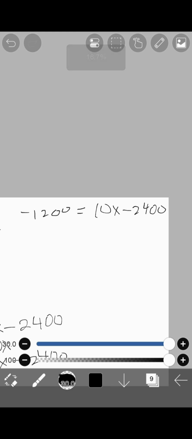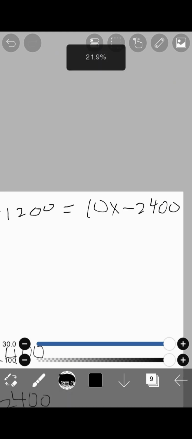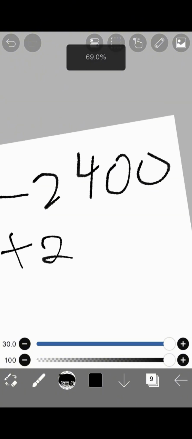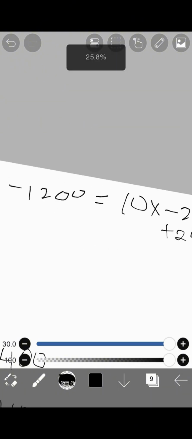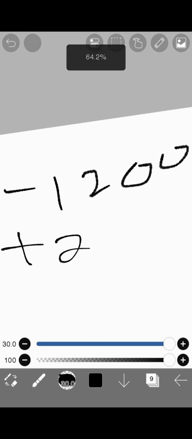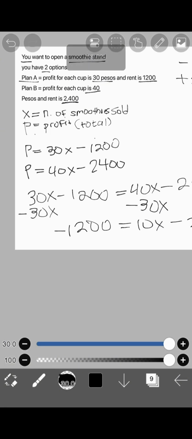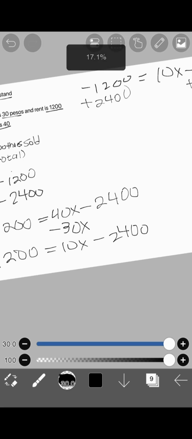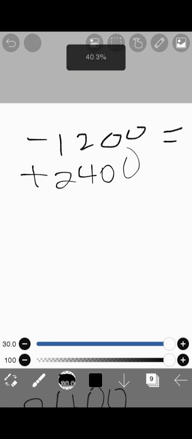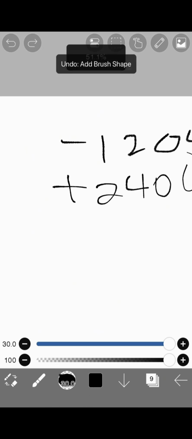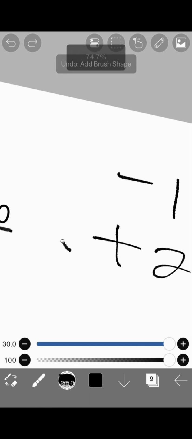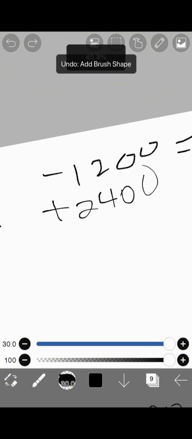Okay, so the next step on our equation is we add 2,400 to both sides, the addition property of equality, and this one is the subtraction property of equality. So we add 2,400 here, and positive or minus subtracted to a negative, we see which number is bigger.